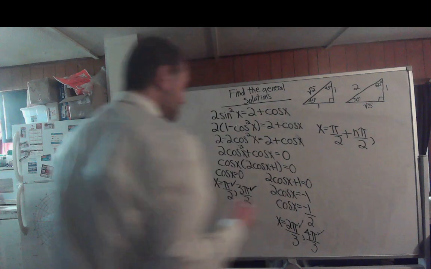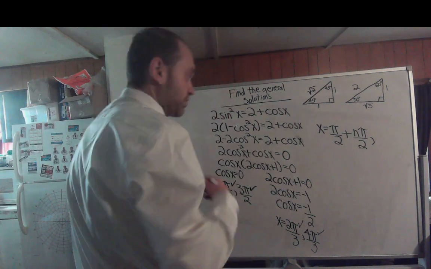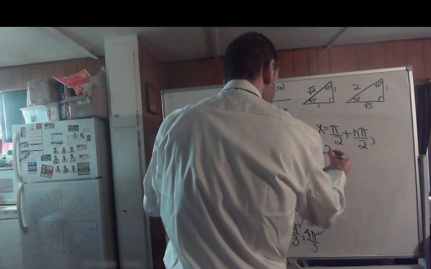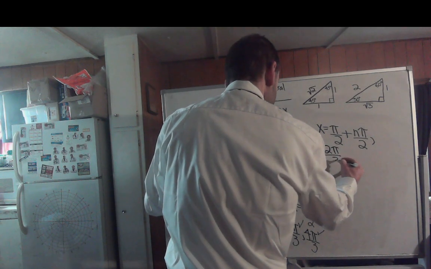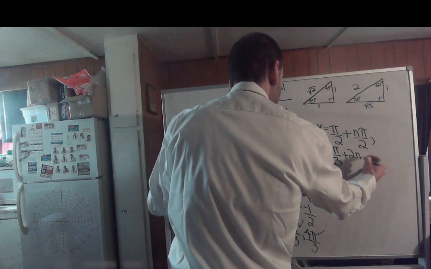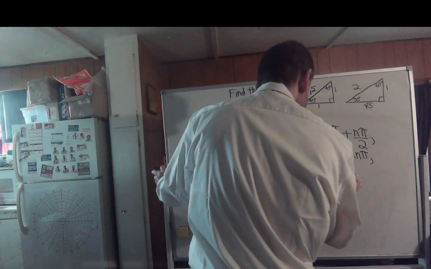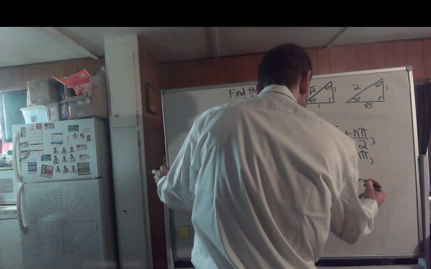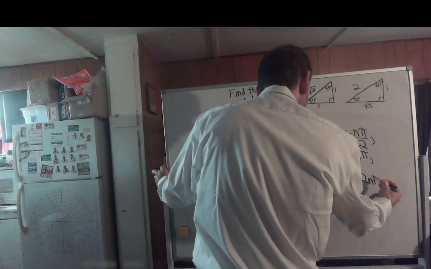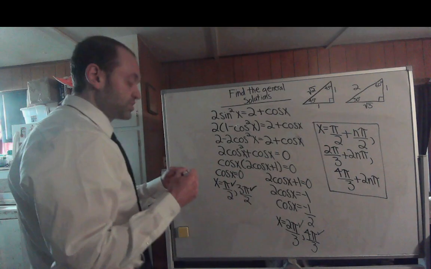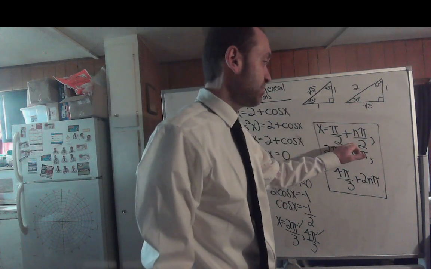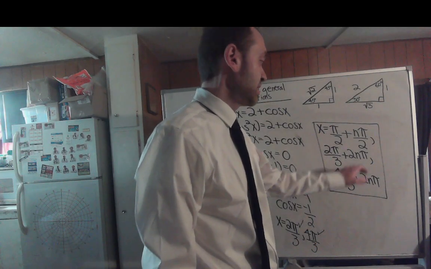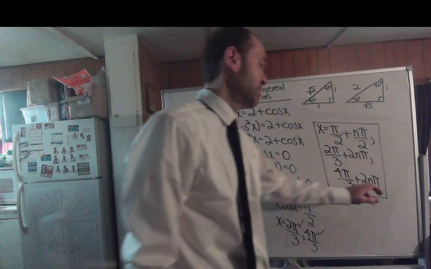And then you have 2 pi over 3 plus 2n pi, because the period of sine and cosine is 2 pi, and then you'll end up also having 4 pi over 3 plus 2n pi. So these would be your three general solutions: pi over 2 plus n pi, 2 pi over 3 plus 2n pi, and 4 pi over 3 plus 2n pi.